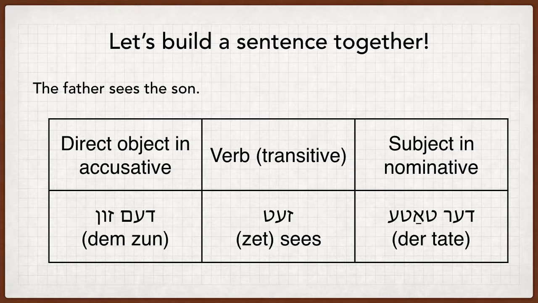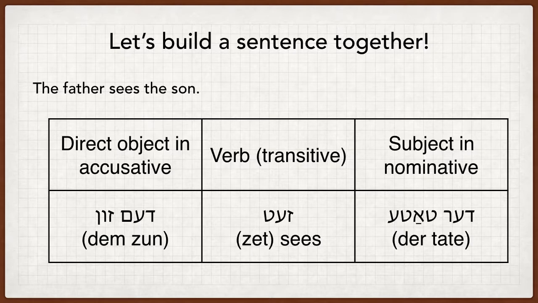So, dem Sohn, because der Sohn is the basic form, and in accusative, the article der will change to dem. So the whole sentence is der Tate zet dem Sohn.